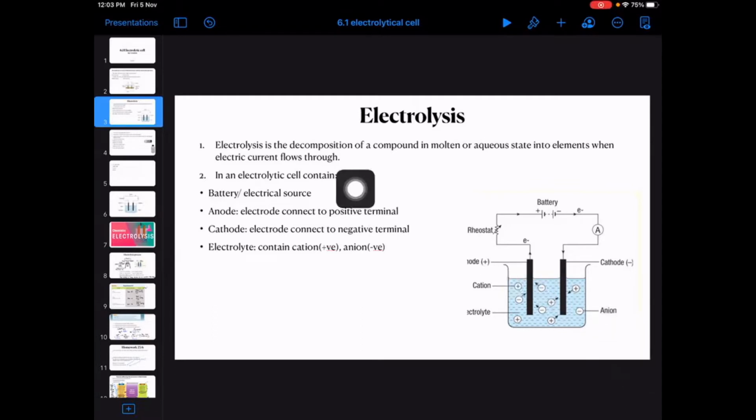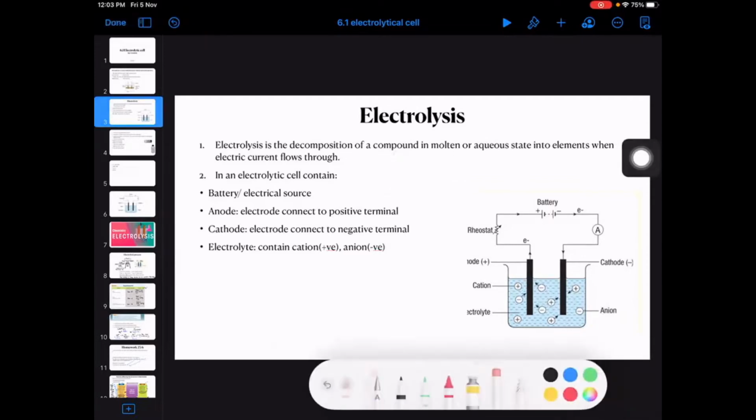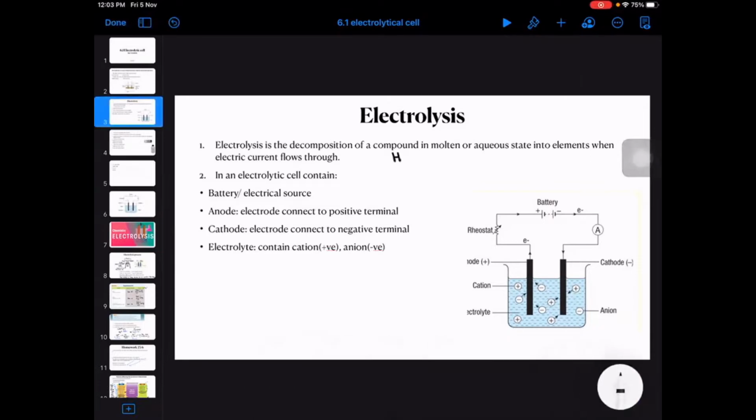So for example, water, H2O, is a compound. It can be decomposed into the elements hydrogen and oxygen when you give it an electric current. But this compound must be in either molten or aqueous state.